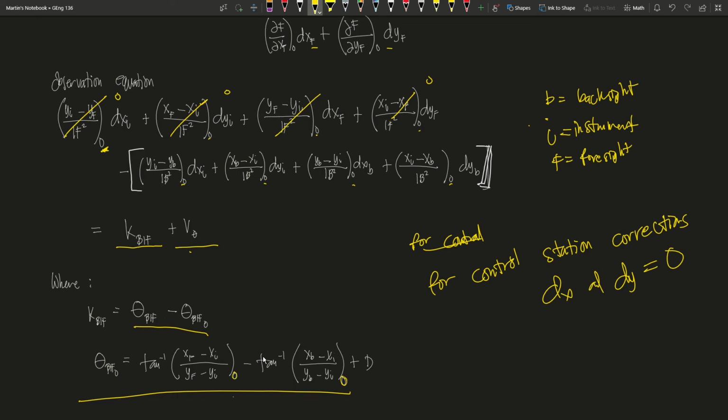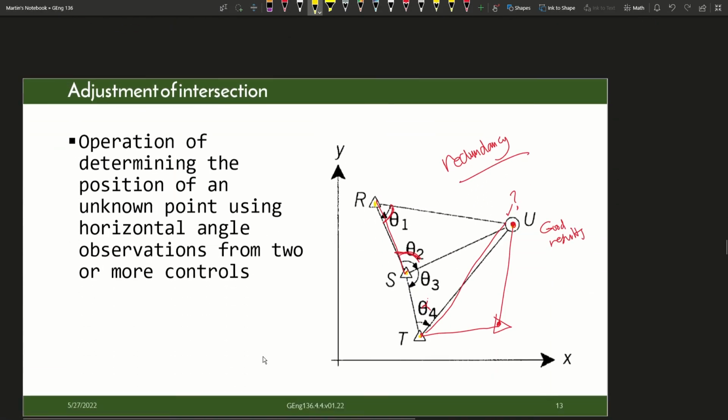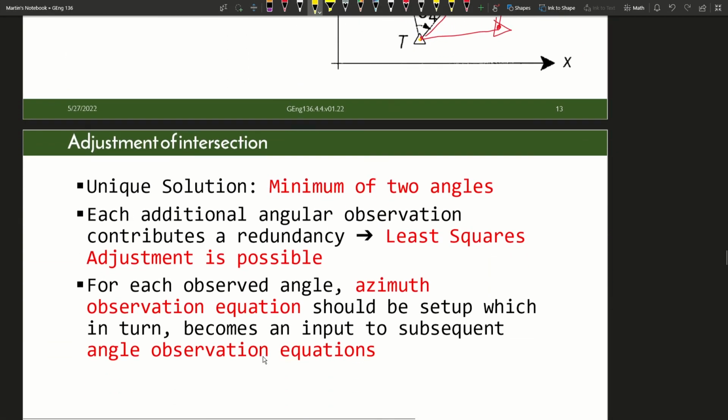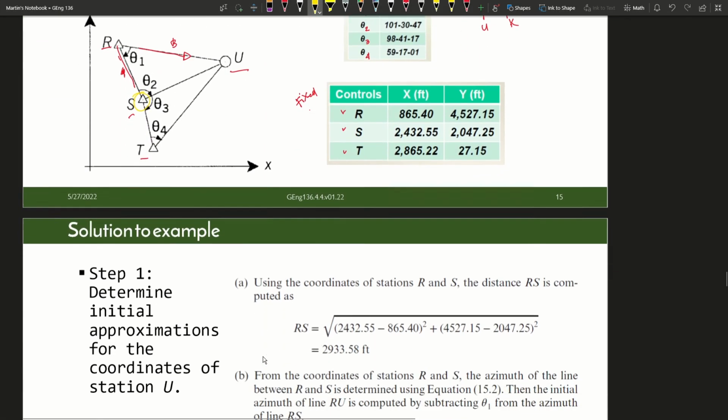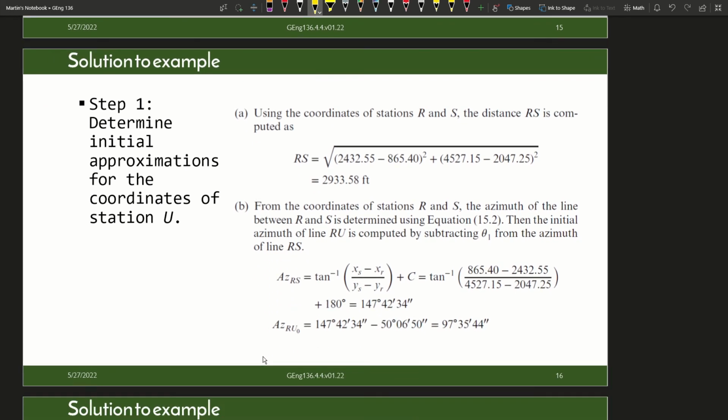So let's proceed to the example. The first step is to determine the initial approximation for the coordinates of station U. Again, a minimum of 2 angles is enough to determine the unknown station, station U. For example, if you have points A and B as control and your angles observed here, you can determine this position.